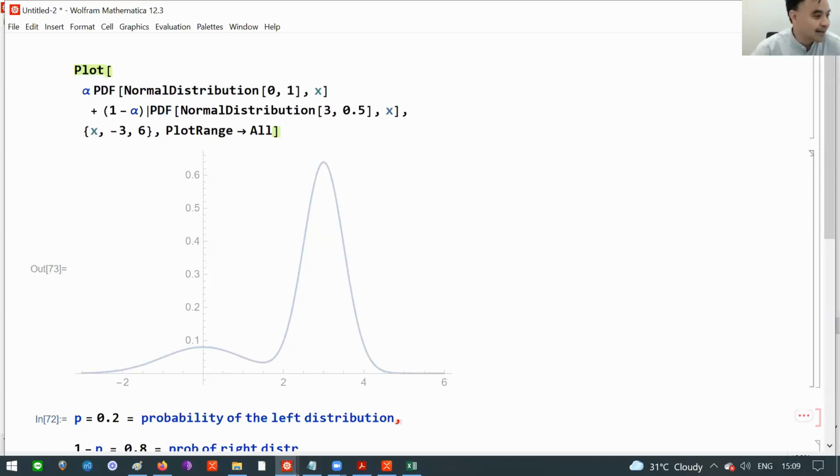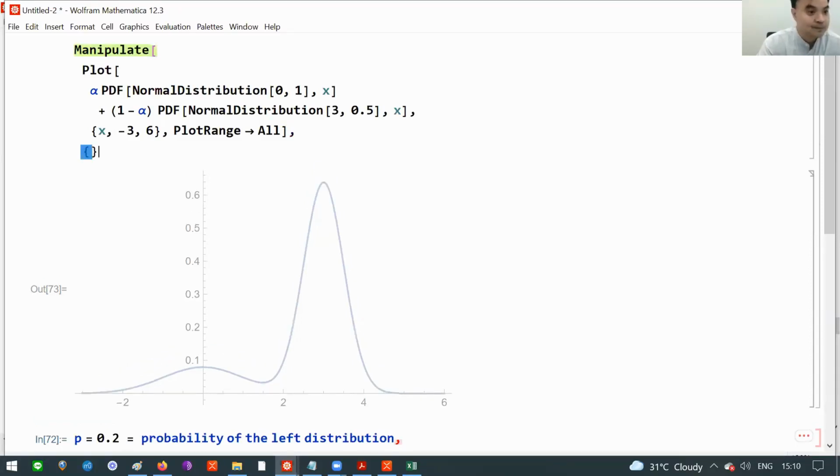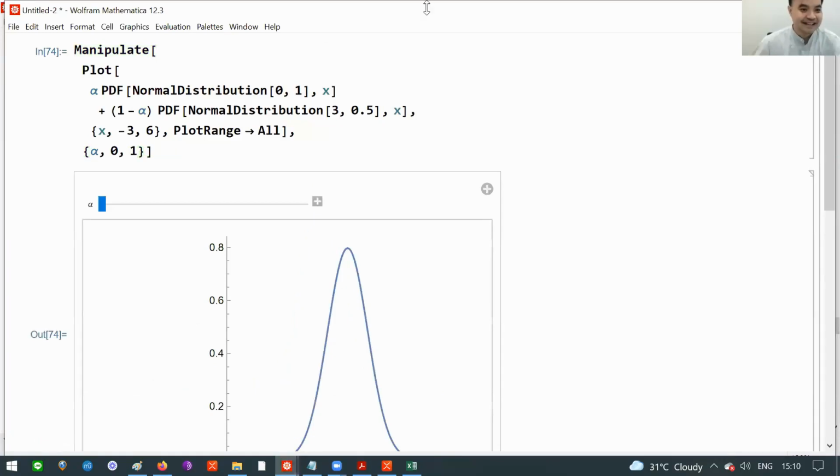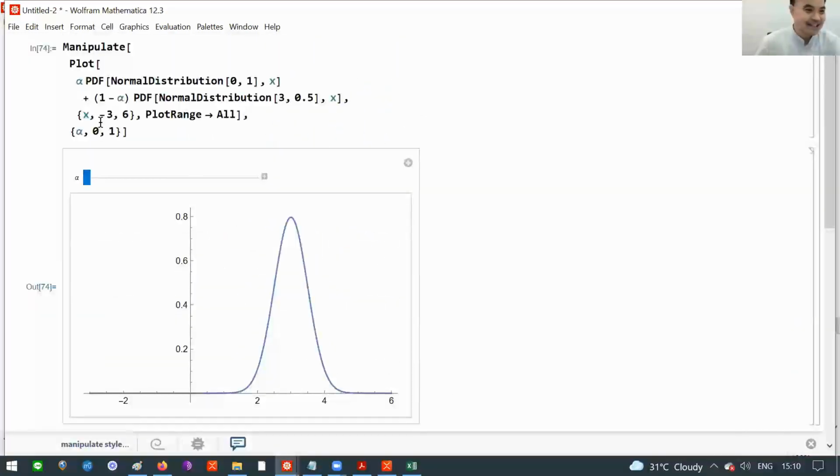Nobody's stopping me. Then I put Manipulate, and comma, I manipulate alpha, with alpha going from 0 to 1. Start from 0.